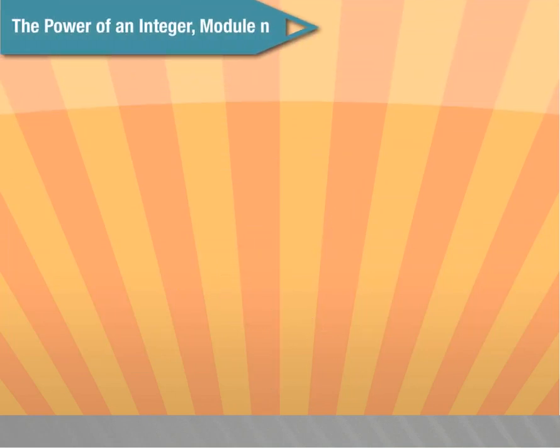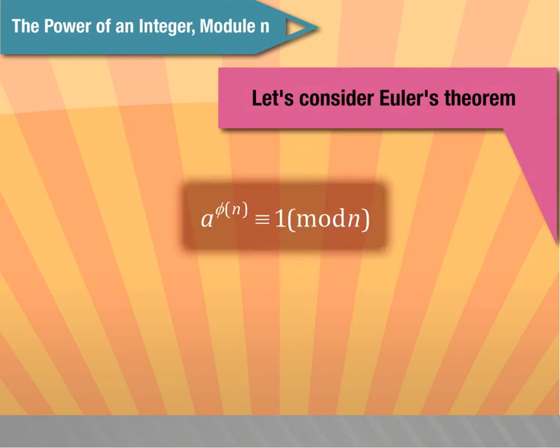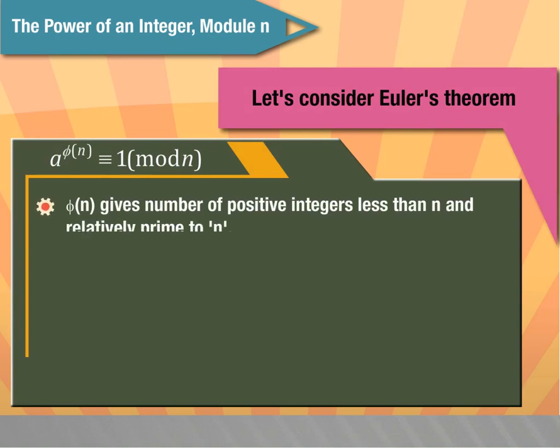The powers of an integer modulo n. Let us consider Euler's theorem. A to the power phi of n is congruent to 1 mod n, where a and n are relatively prime. Phi of n gives the number of positive integers less than n and relatively prime to n.